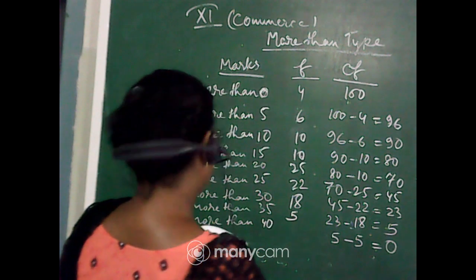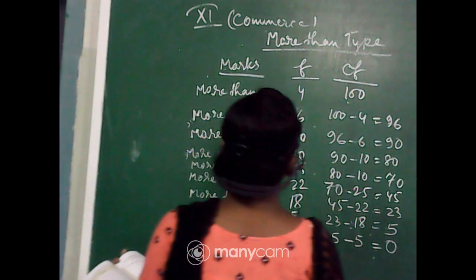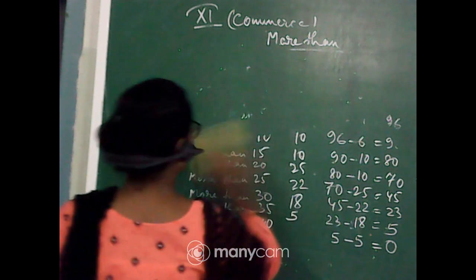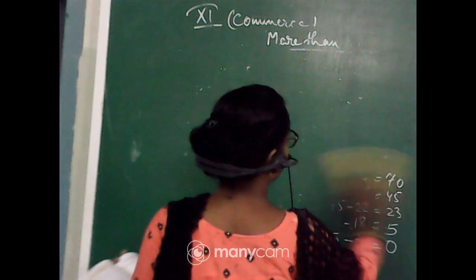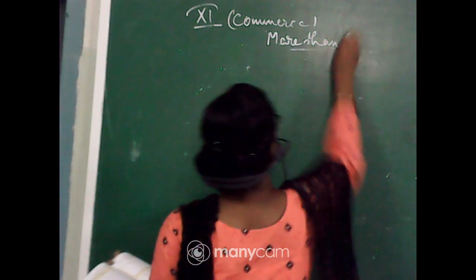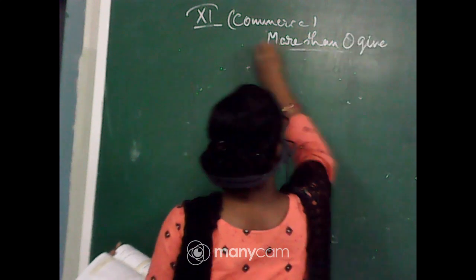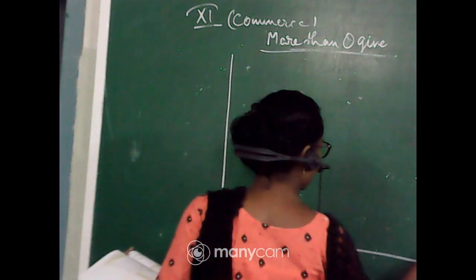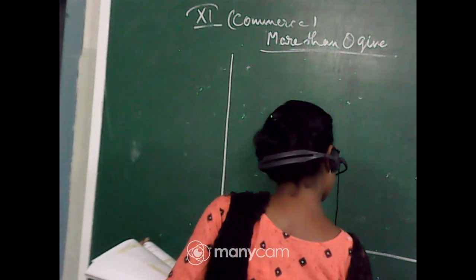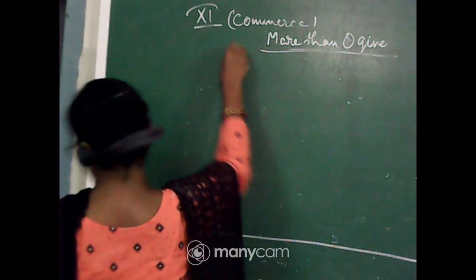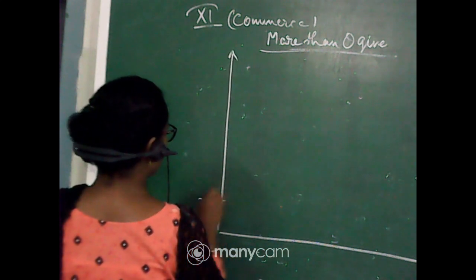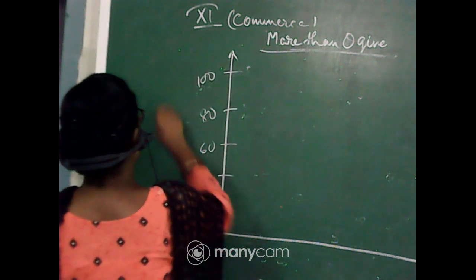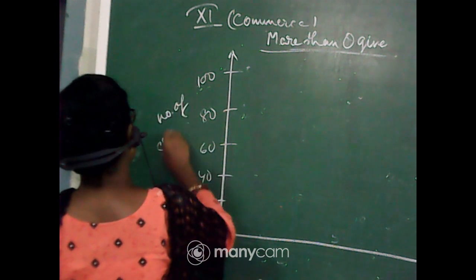Okay, now this one we construct by the diagram. So here we can write more than ogive. Same x marks, 0, 20, 40, 60, 80, 100 number of students.